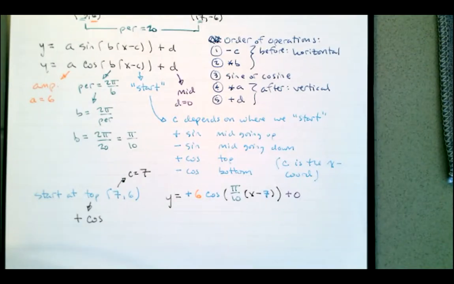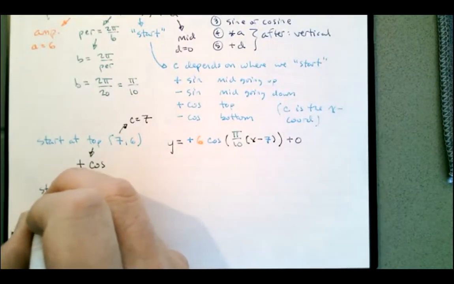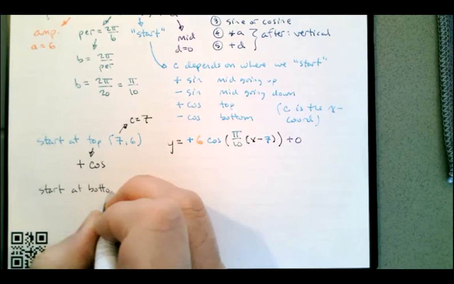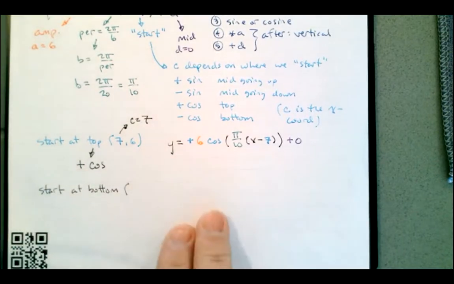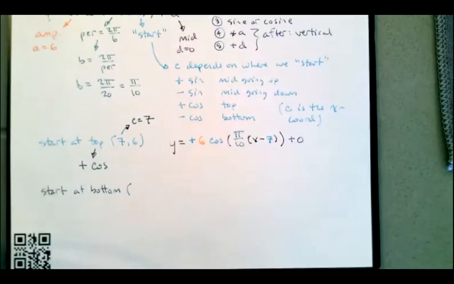There are other ways we could write this, which is actually an infinite number of ways we could write this. If we start at the bottom, that is, if I start at the bottom point, I've got a couple of choices here. So I'm going to use -3, -6.